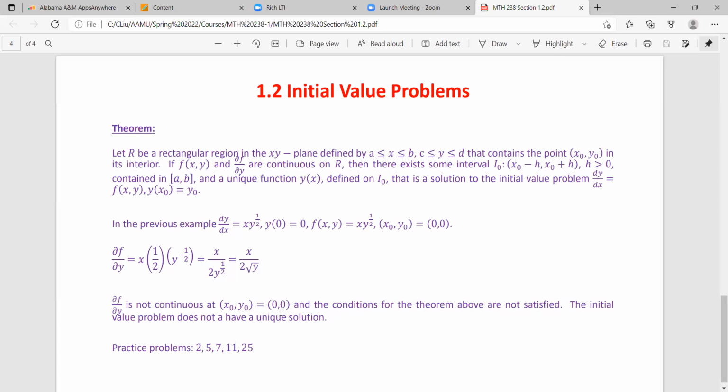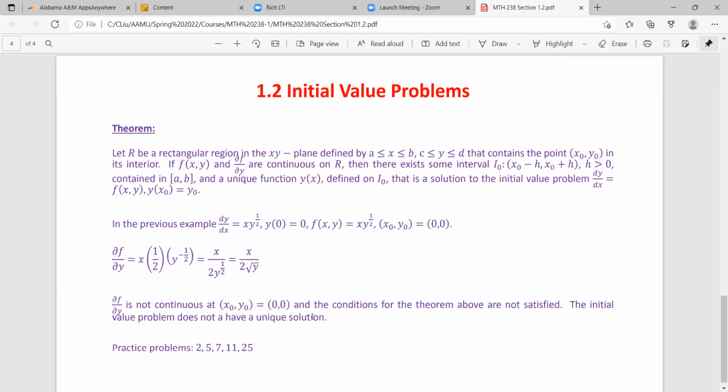So the partial derivative of f with respect to y is not continuous at the initial point. So the condition for the theorem is not satisfied, right? Both need to be continuous in order for the initial value problem to have a unique solution.